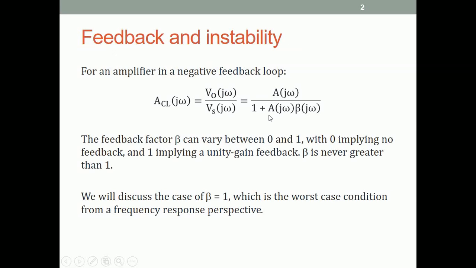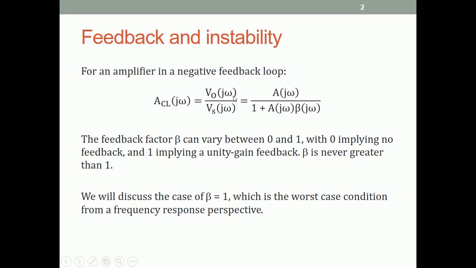If the denominator becomes equal to 0, what it implies is that in this system there can be a finite output with a 0 input, because VO is equal to A over 1 plus A beta into Vs. 1 plus A beta has become 0, so even if Vs is 0, VO can be a finite value. That is one way of putting it.